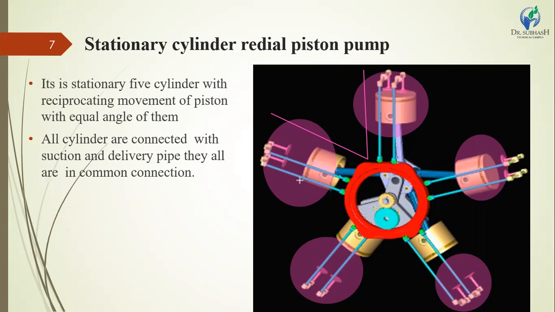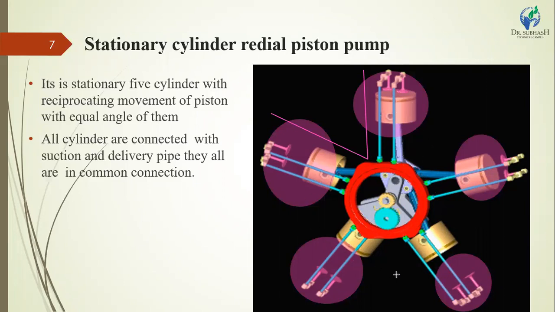All pistons are connected to a single crank. This is the crankshaft, connected to the piston arrangement, with individual connecting rods as shown in the figure. All the suction valves are connected to a single suction pipe and all delivery pipes are connected to a single delivery pipe.